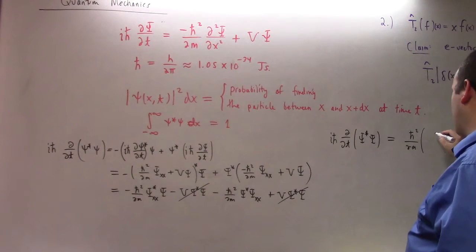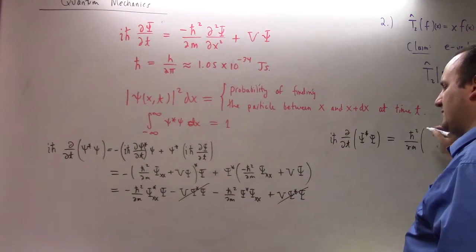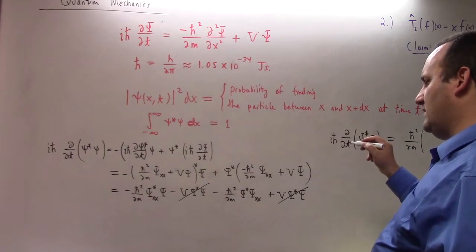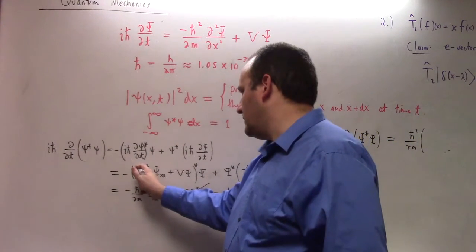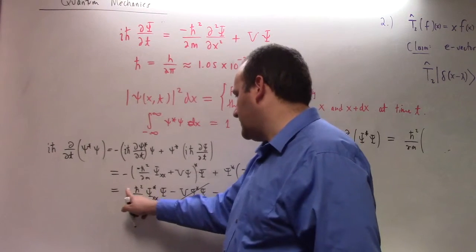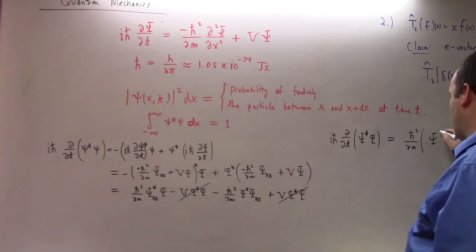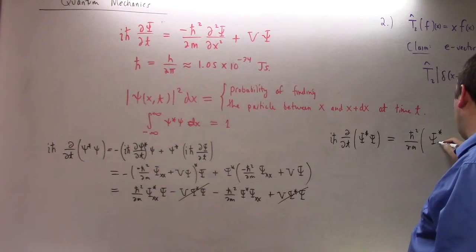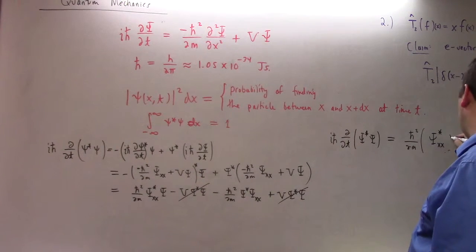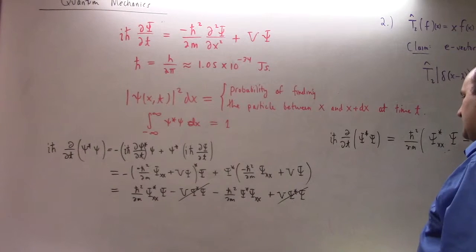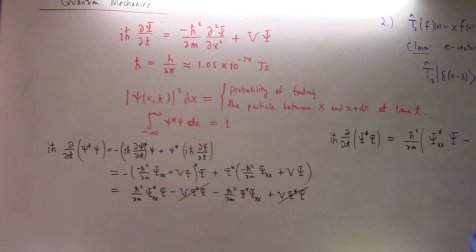And there I'm supposed to have a plus. This is supposed to be a minus, right? So that makes this first one a plus. So h bar squared over 2m, psi star xx psi minus psi star psi xx.